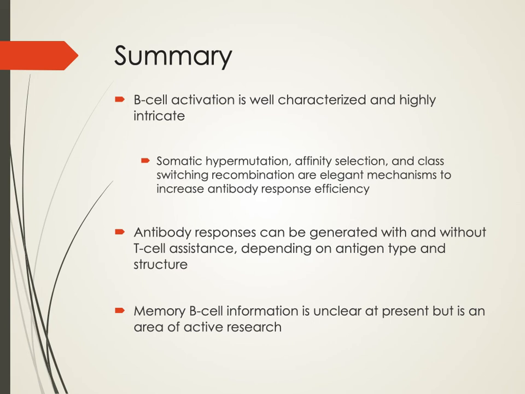The antibody response can be generated with or without T cell assistance. Obviously, if T cells are assisting, that response is, quote unquote, better, more robust. It can undergo class switching and affinity maturation with somatic hypermutation, and all of those would be beneficial.